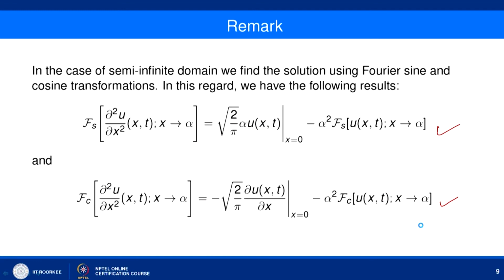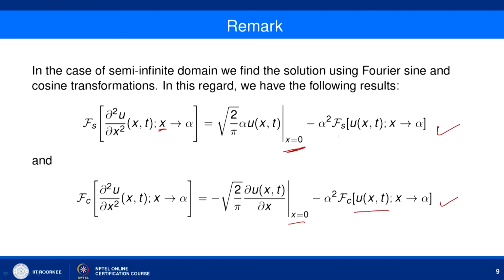Let us first consider the result that the Fourier sine transform of ∂²u/∂x² with respect to the space variable x is given as √(2/π) α u(0,t) minus α² times the Fourier sine transform of u(x,t), and the Fourier cosine transform of ∂²u/∂x² is given as minus √(2/π) ∂u/∂x at x = 0 minus α² times the Fourier cosine transform of u(x,t).